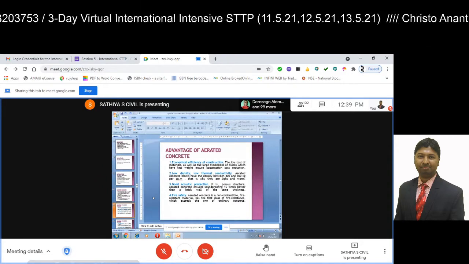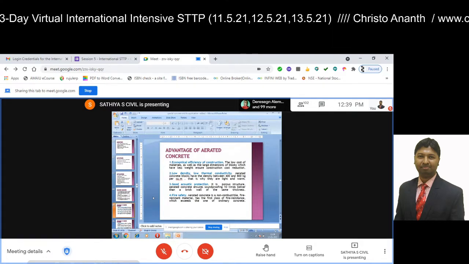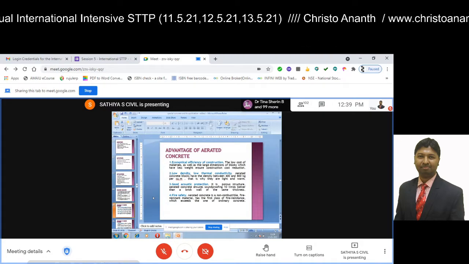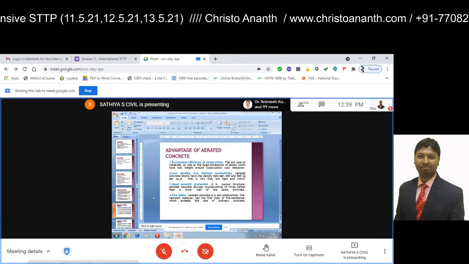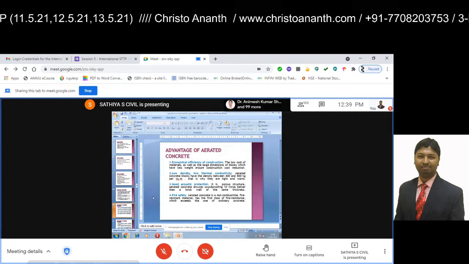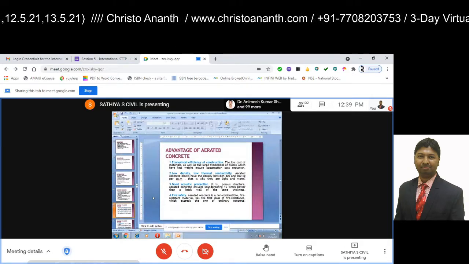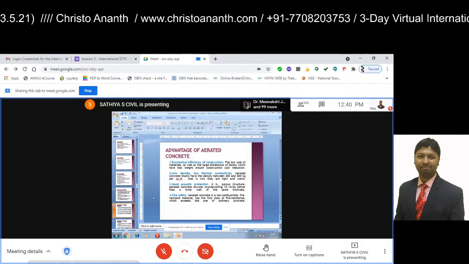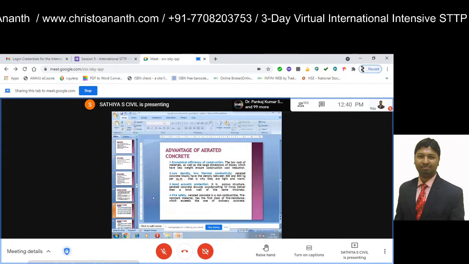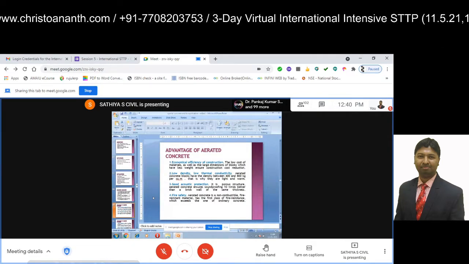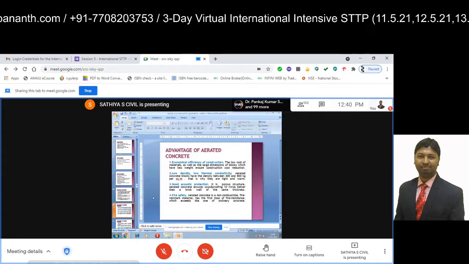Then low density, low thermal conductivity. Aerated concrete blocks have a density between 400 and 800 kg per meter cube. That is why they are light and warm. Then good acoustic protection. It has a porous structure. Aerated concrete ensures soundproofing 10 times better than a brick wall of the same thickness.